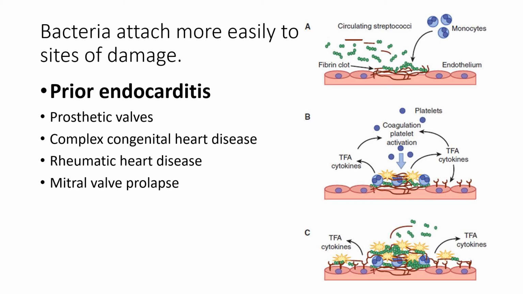In addition, patients with prosthetic valves are more likely than patients with native valves to get endocarditis, as are patients with congenital or rheumatic heart disease that can lead to either valvular dysfunction or turbulent flow in the heart that in and of itself over time can traumatize the heart valves. So all of these are risk factors for endocarditis. That said, most people who get it don't necessarily have any of these risk factors.